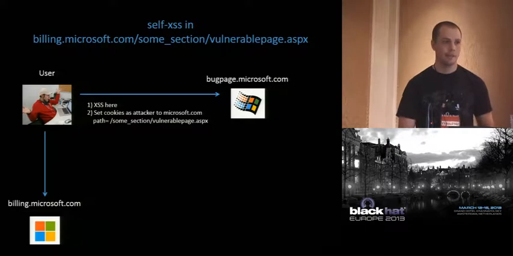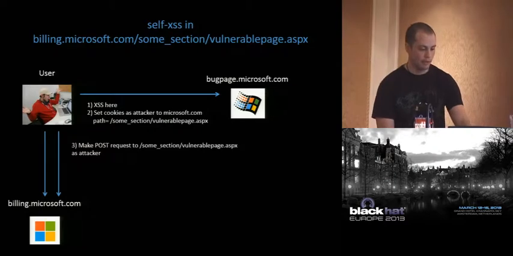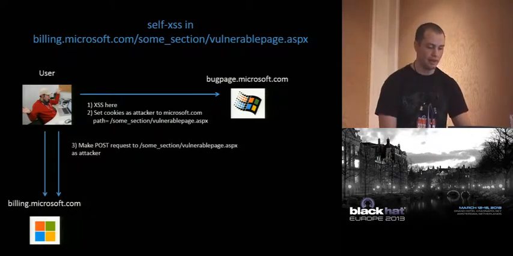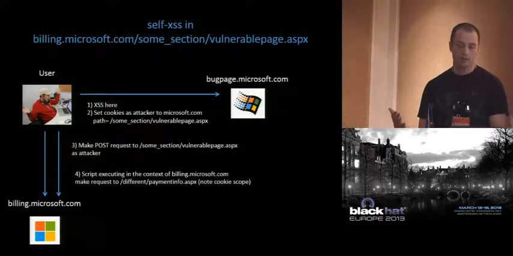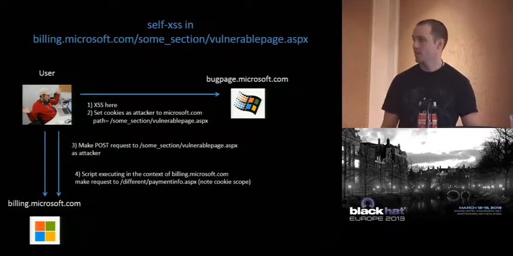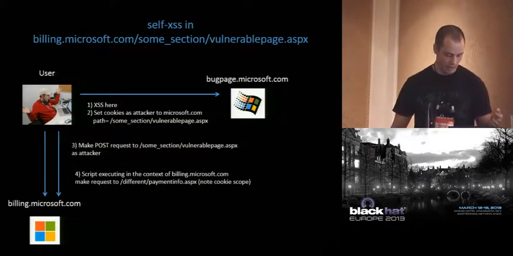And then you log in as the attacker. So the cookies you set are you logging in as the attacker. You grab these CSRF token values that are legitimate because you know those for your attacker. Then you make this post request to /subsection/vulnerablepage.aspx as the attacker. So now you have script executing in billing.microsoft.com, not in bugpage.microsoft.com anymore.